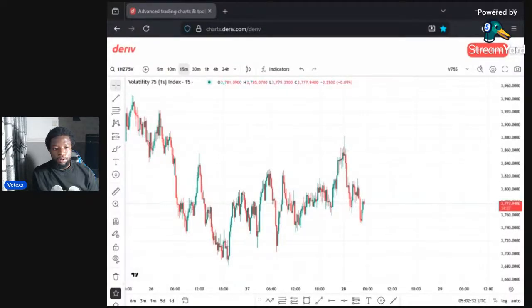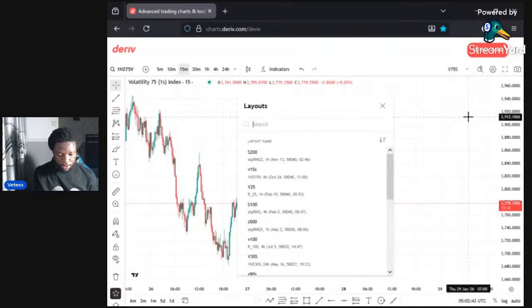This is what I'm going to be doing today. Every day we have about 13, 14 pairs to analyze. I'm going to be starting from the first pair on our watch list.